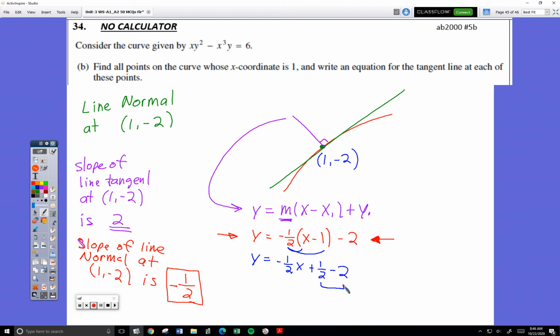Positive 1/2, negative 2, that's going to be negative 3/2. So it's possible that a multiple choice test may have the answer in that form, and you would have to be prepared to be able to find it. You don't need me to talk about that. None of this is calculus, by the way. This is just algebra.